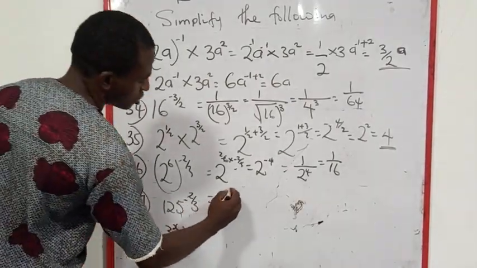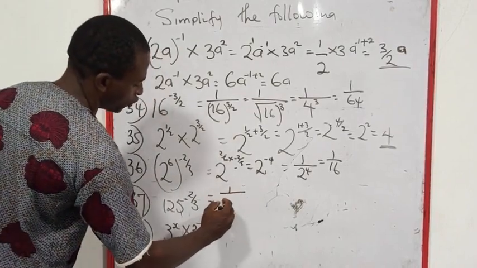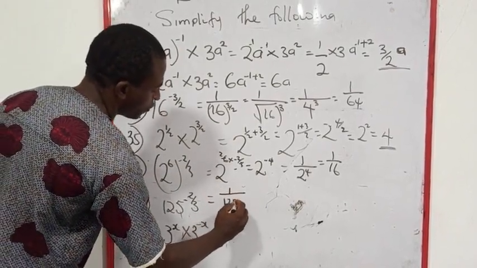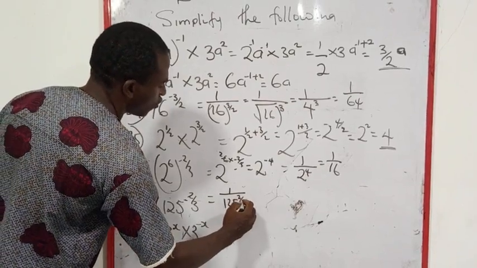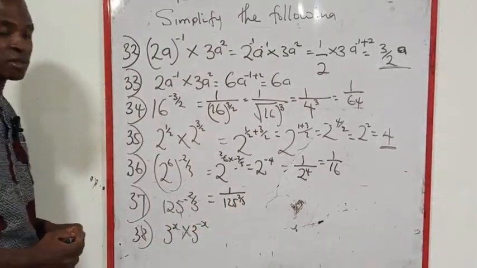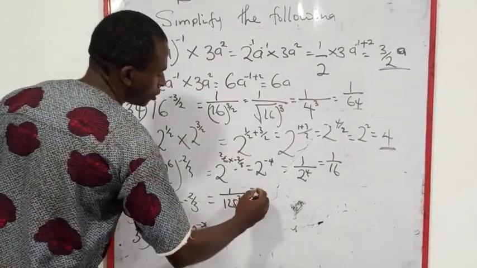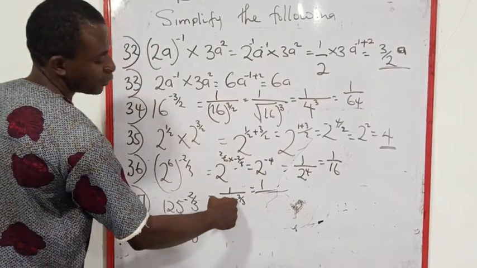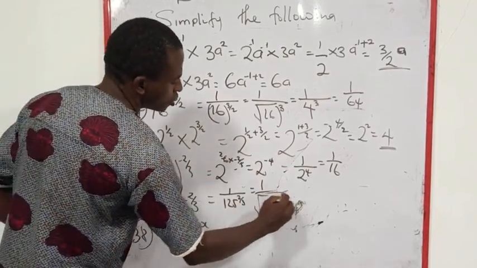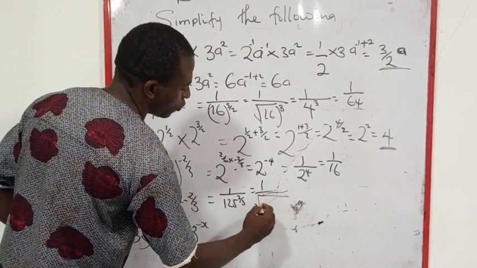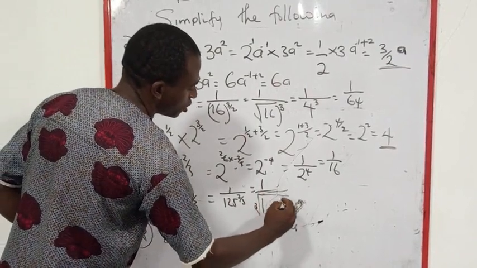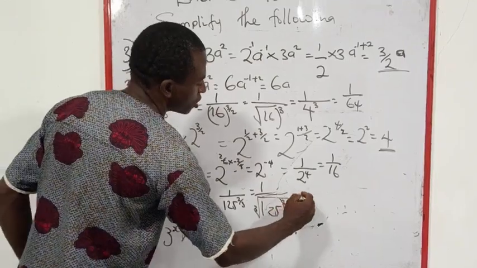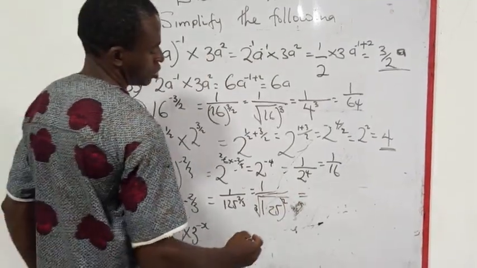Then we'll go to this one. This one is still going to apply our fourth law of indices first. 125 raised to power 2 over 3. 1 over the number removing the minus sign. Then we go on to 1 over, and don't forget, we're going to interpret our 7th law here now: the cube root of 125, then squared.